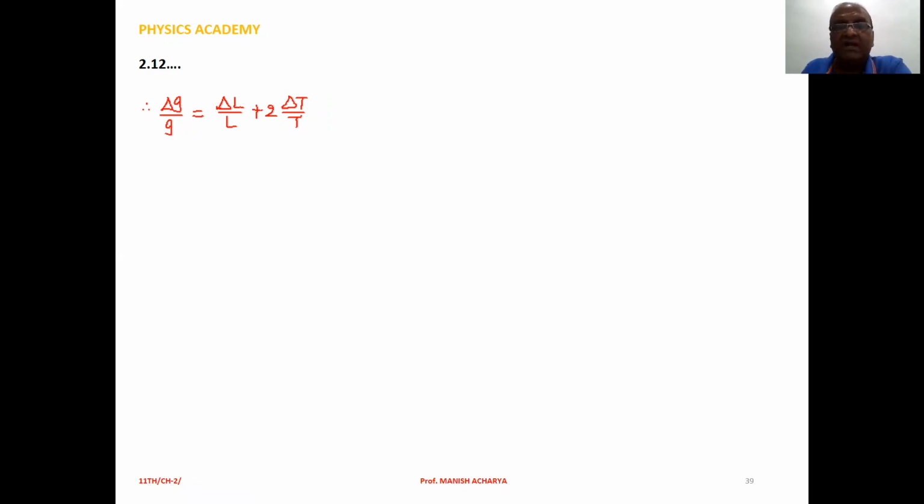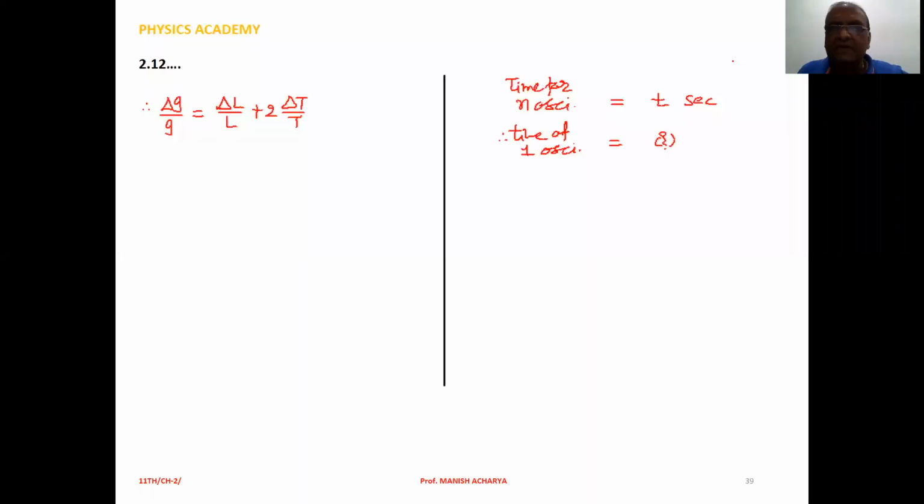So we have to multiply the relative error in T by 2. So finally we can write delta g by g equal to delta L by L plus 2 times delta T by T. Clear to all of you?